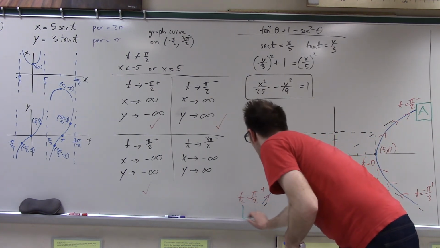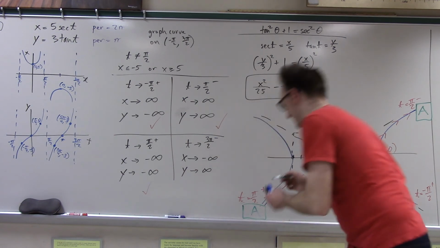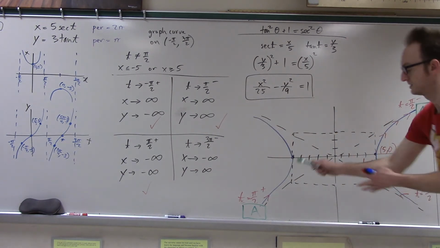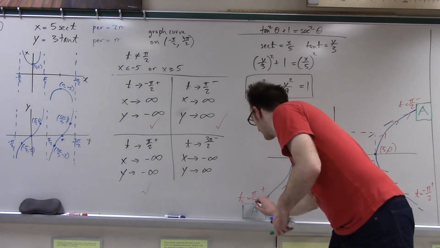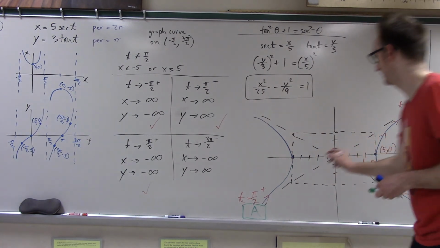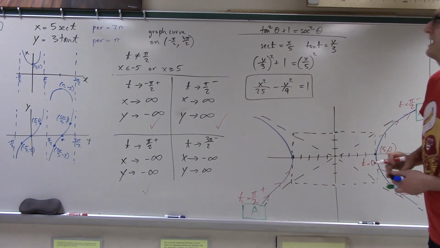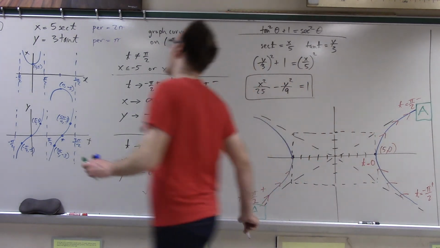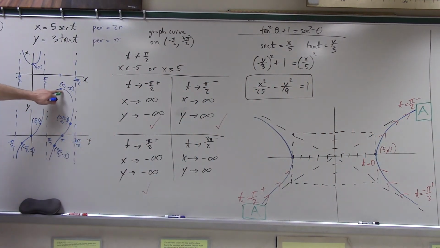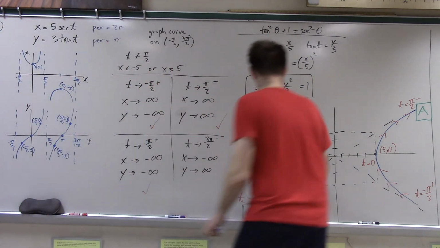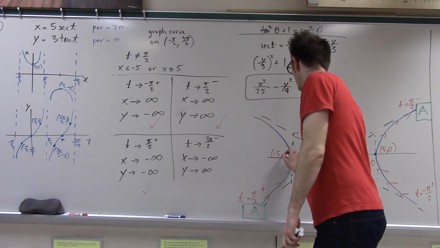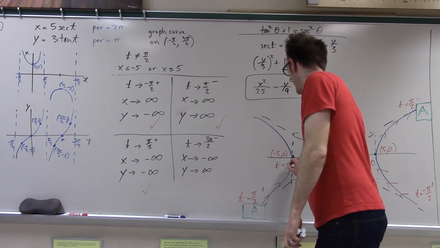So I teleport from here down to there, and then up, and when t is pi, x is negative 5, y is 0. And that's exactly what we have here. So it's all making sense. This is t equals pi.